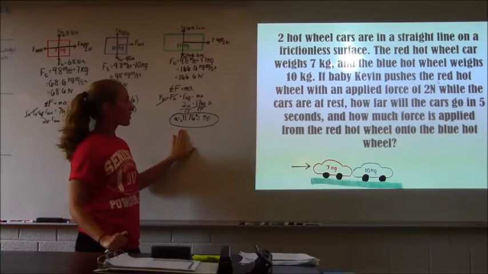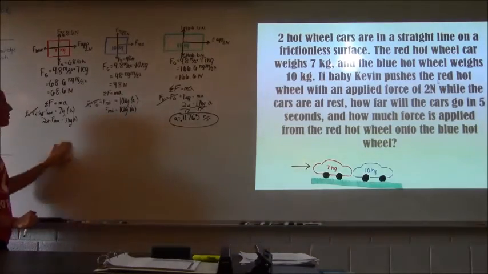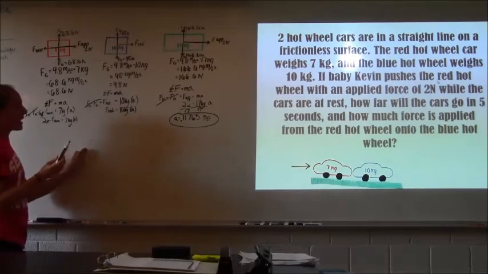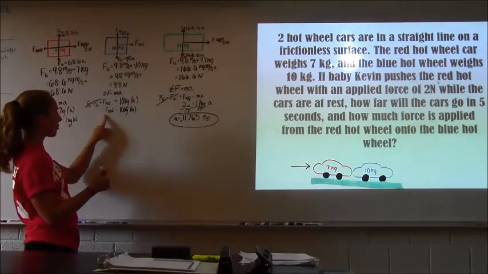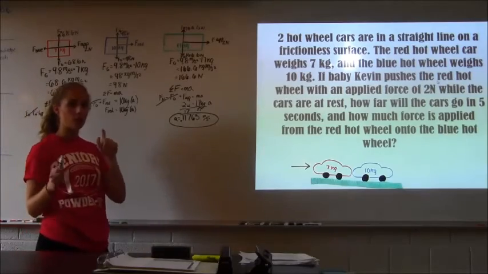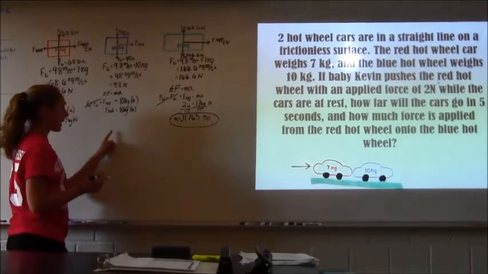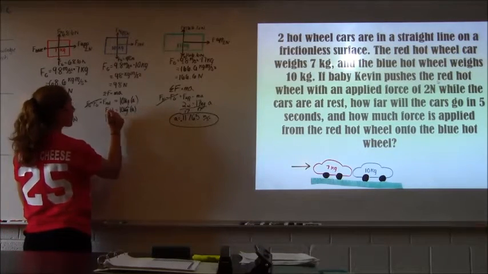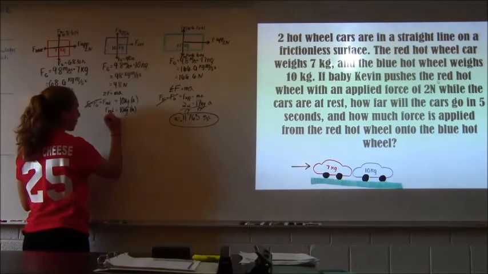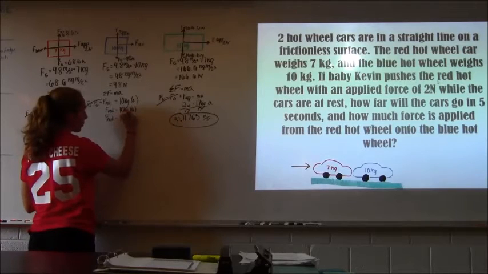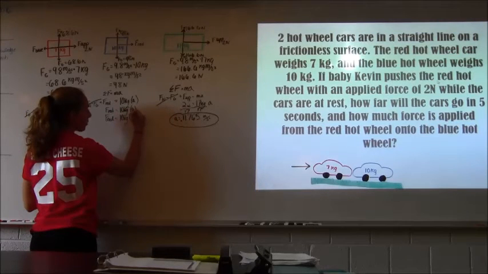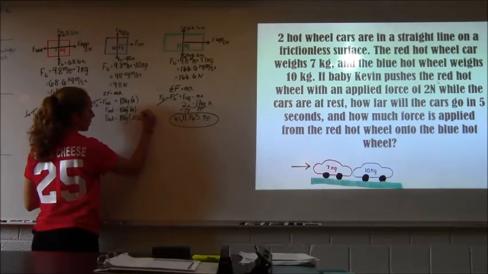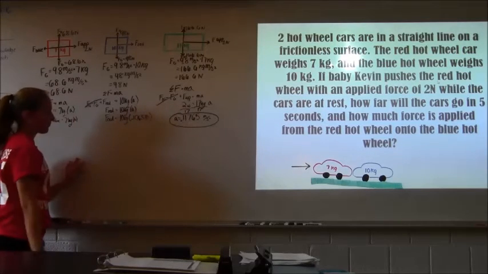Now that we have the acceleration, we can go back into these previous sums of the forces and find the force of the red on the blue, because then that will leave us with only one variable. So if you go back to the blue car, the force of the red is equal to 10 kilograms times 0.11765 meters per second squared.